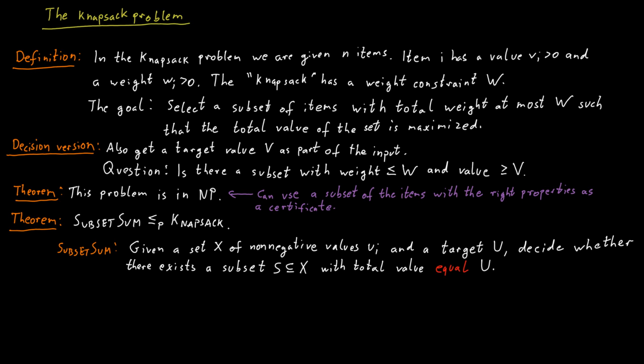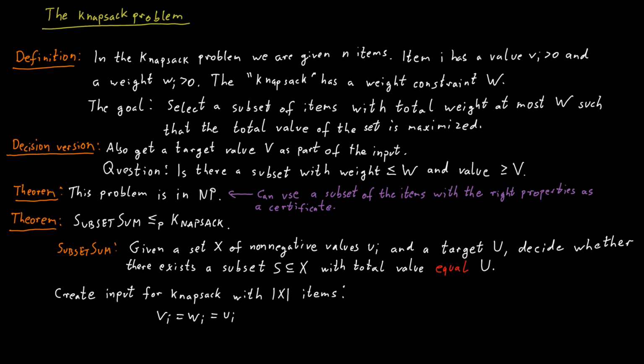If we get an input for such a subset sum problem, then we can transform it into an input for the knapsack problem in the following way. We set the values and the weights of all the objects in the knapsack problem to be equal to one another and equal to each of the numbers of the input to the subset sum problem.